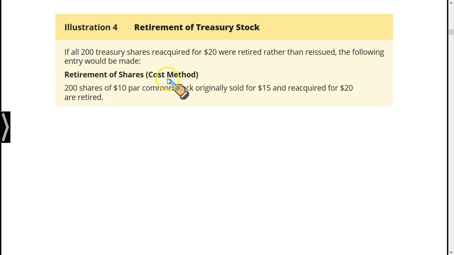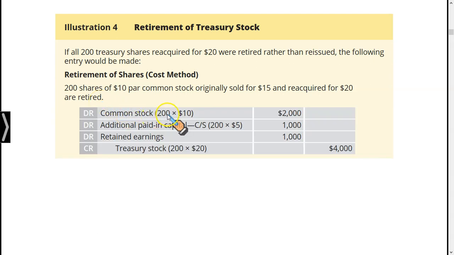Retirement of shares, cost method: 200 shares of 10 par common stock originally sold for 15 are reacquired for 20 and are retired. Remove common stock from books, debit common stock at par. Credit your treasury stock at the amount that you originally recorded.